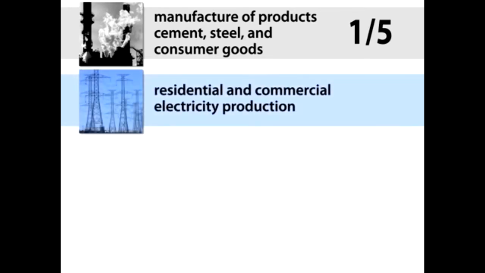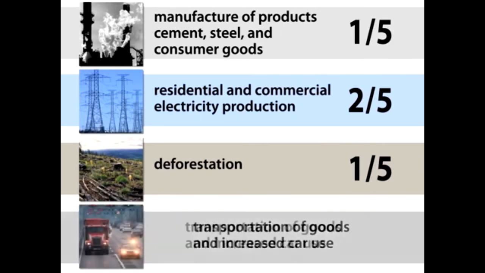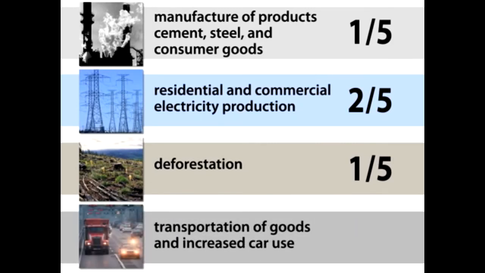Residential and commercial electricity production accounts for roughly 2/5, and deforestation accounts for another 1/5, as lost forests no longer take up CO2 from the air. The transportation of goods between and across continents and increased automobile use account for most of the remainder.